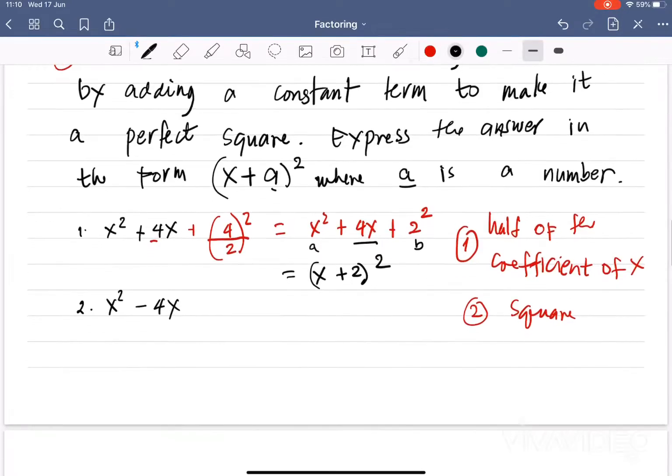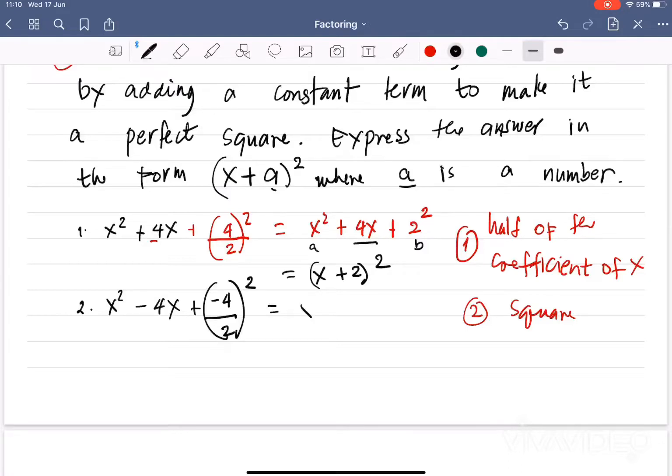Number 2, same thing that we're going to do. We are going to find the last term there, but to find that, we will get half of the coefficient of x, which is negative 4. So we have negative 4, half of that, and we're going to square it. So obviously, you will get negative 2 squared is positive 4.